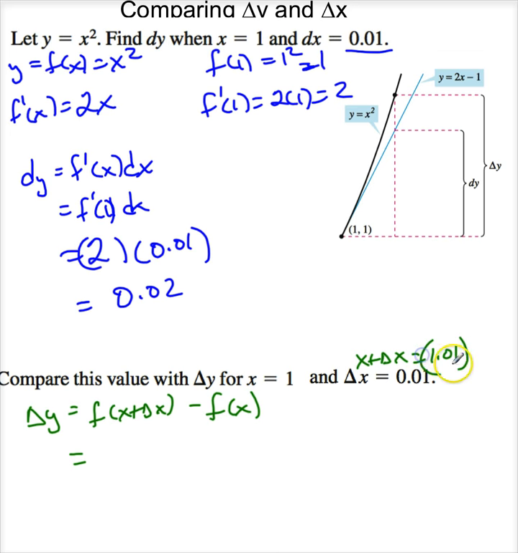So this is 1.01 squared minus f of x, which is 1 squared. When I do this, I get 0.0201. So my actual value is 0.0201, while my approximated value is 0.02.